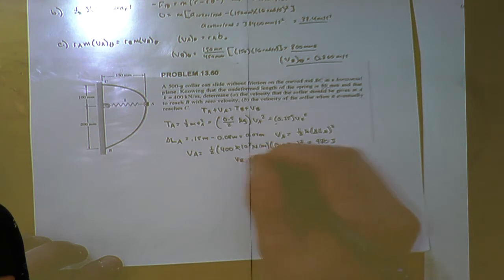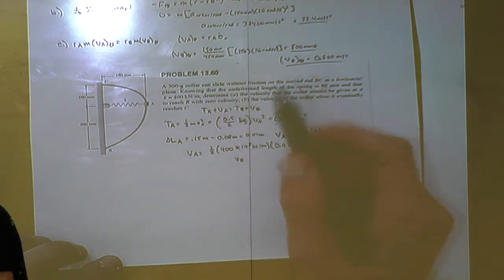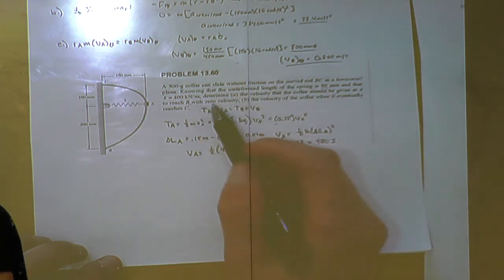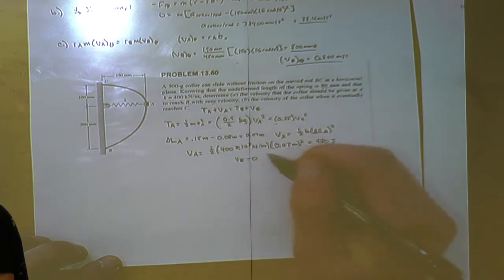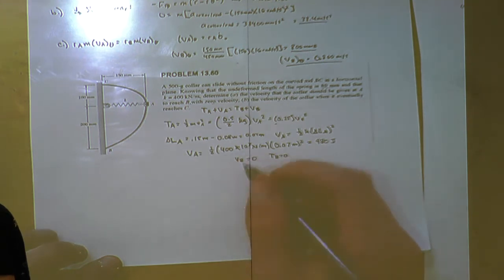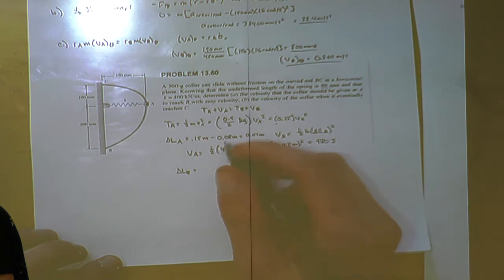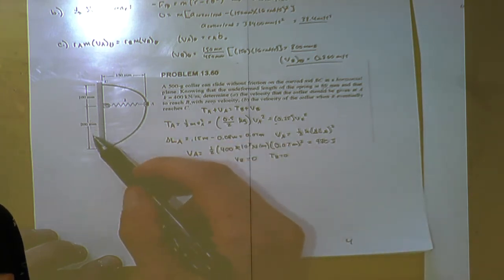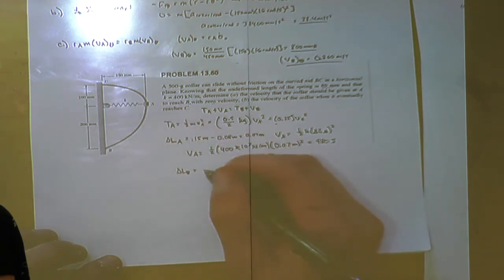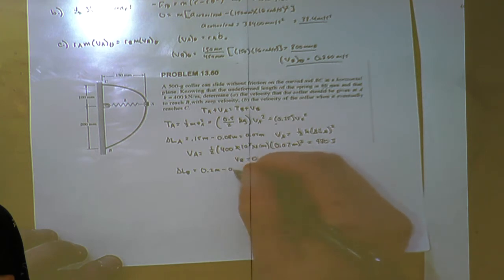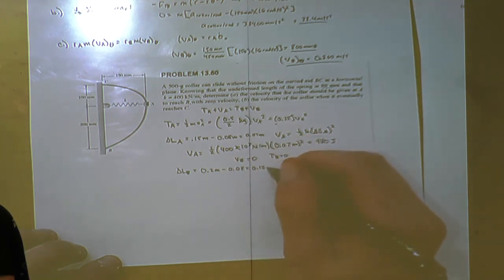It's given that at B it's going to have 0 velocity, so v_B is equal to 0, so T_B is equal to 0. The length of the spring at that point is going to be this distance, 200 millimeters. It's 0.2 meters minus the undeformed length, which gives us 0.12 meters.